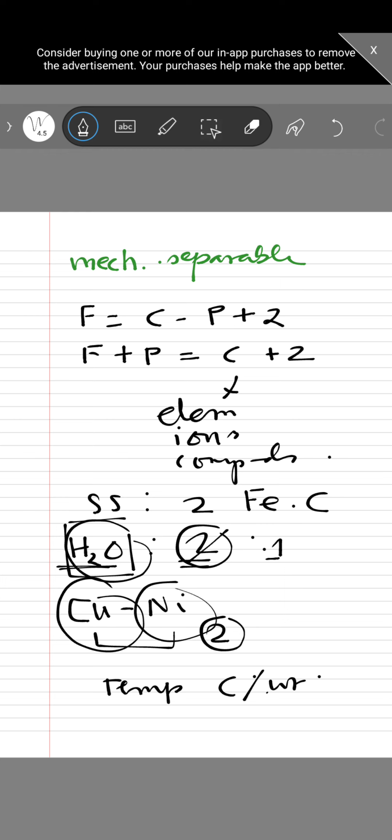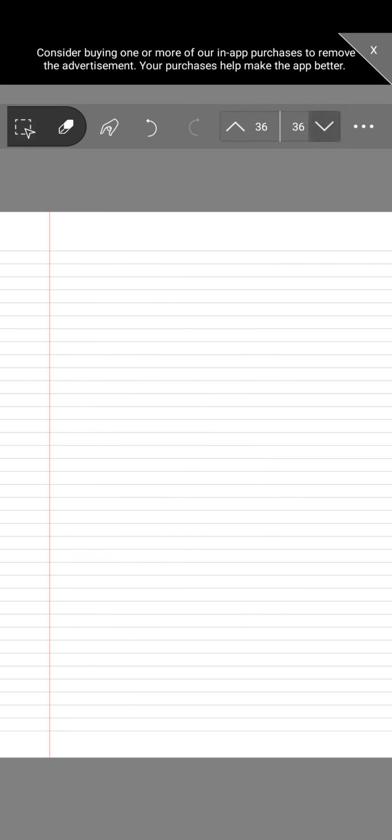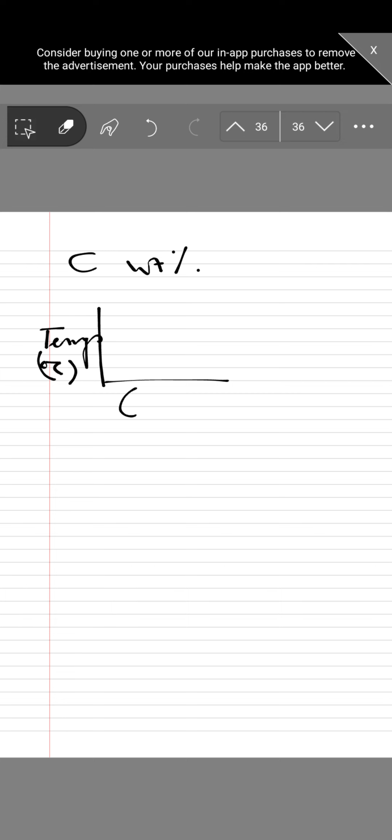Now the composition, the C part, is normally expressed as weight percentage. In the iron carbon diagram, you have temperature on the y-axis, the ordinate, and carbon weight percentage on the x-axis, and you get different phases.